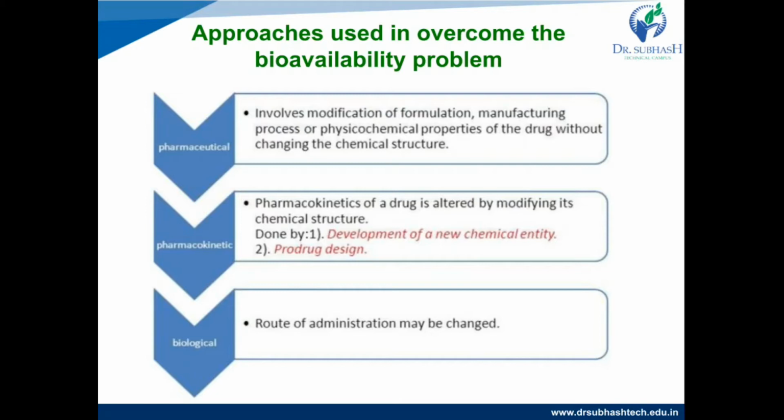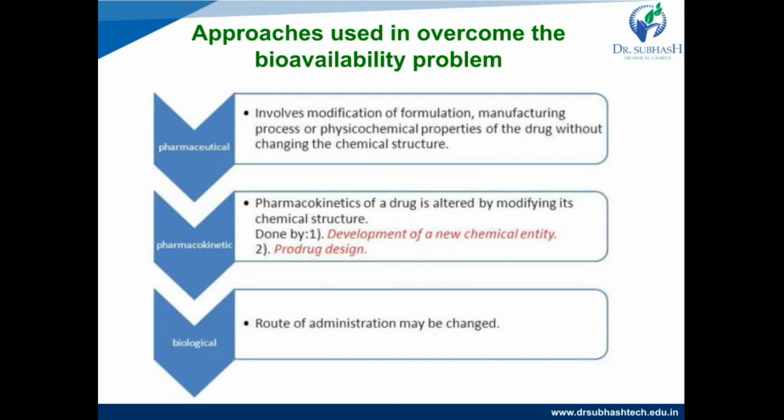We can modify the formulation, change the manufacturing process, or modify the physicochemical properties of the drug without changing the chemical structure. In the pharmacokinetic approach, we can modify the chemical structure.